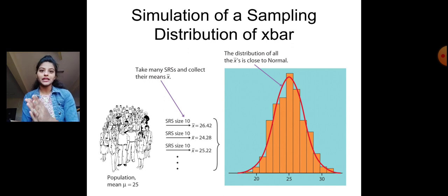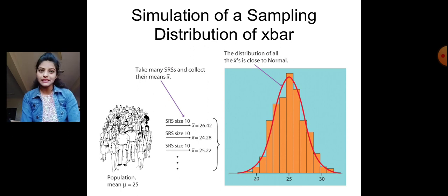Suppose we are taking 10 members' mean and we have got 25, and for the next, till the 100 persons, we will be taking all the means. The means that we have collected we will be plotting in a graph like this, as shown in the picture. The graph will be something like this, and the average mean will almost be similar.